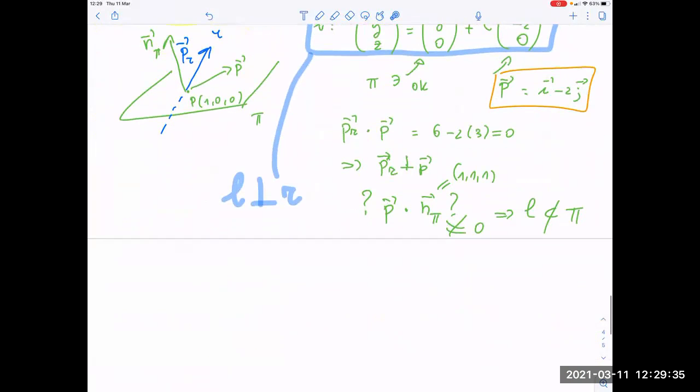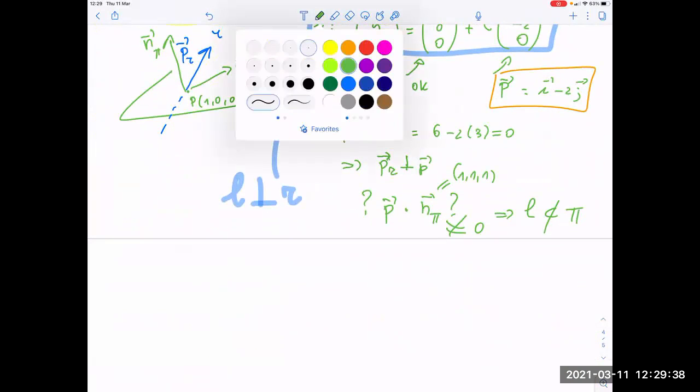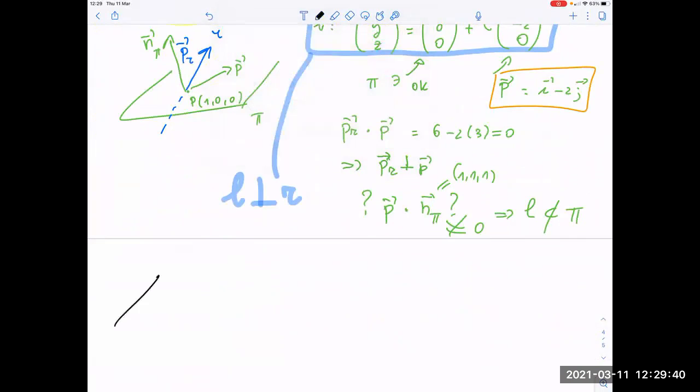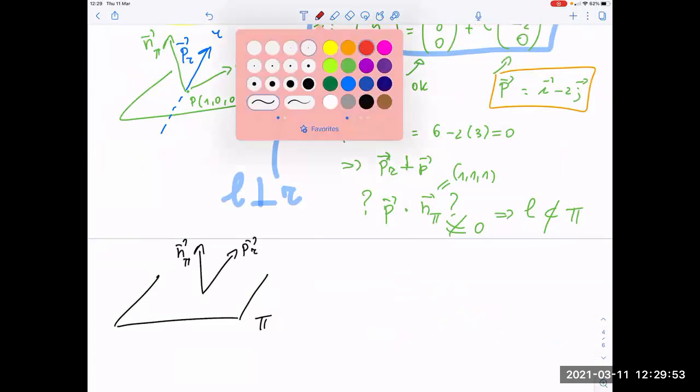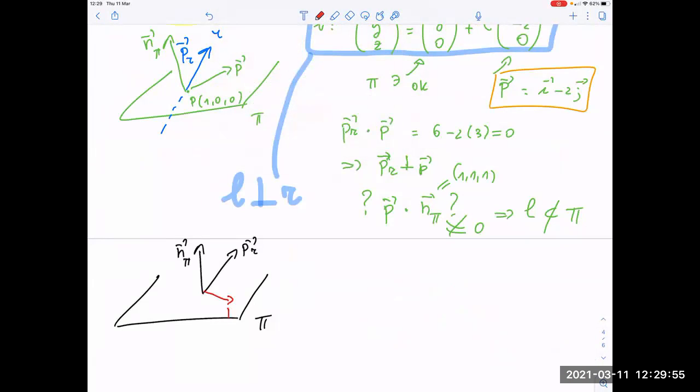So what I need to do is the following thing. So I have the plane pi with its normal vector. I have the direction vector of line R, and I'm looking for the direction vector of my line, and I want P to be orthogonal to n pi and P to be orthogonal to PR.